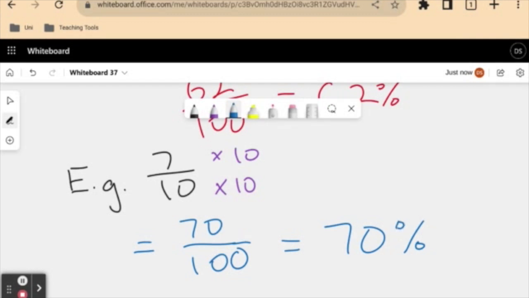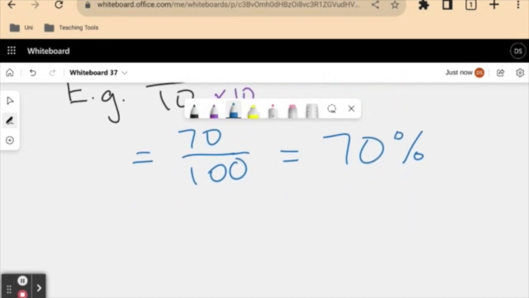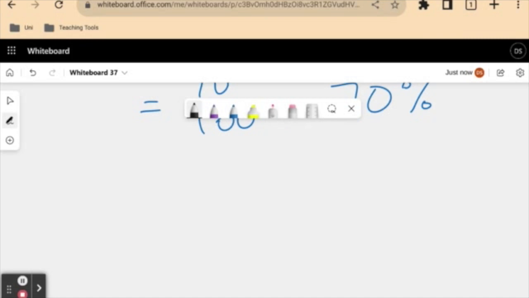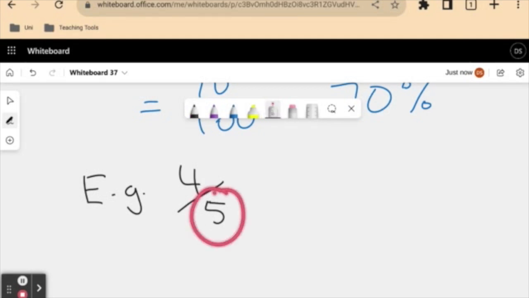Now let's try another one. We're going to do a few examples here, and you should get the gist of it hopefully by the end. So our second example, we are going to look at converting 4/5 into a percentage. Now, once again, we don't like this 5 because we want 100 on our denominator. But similarly to before, we can find a number that multiplies with 5 to give us 100.